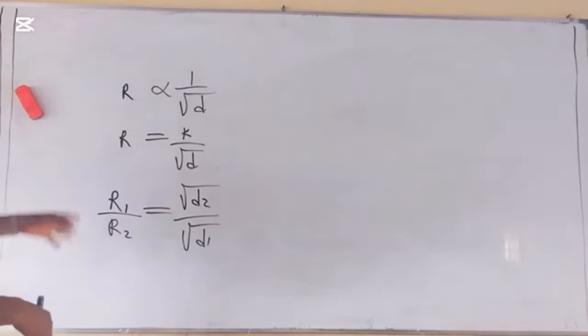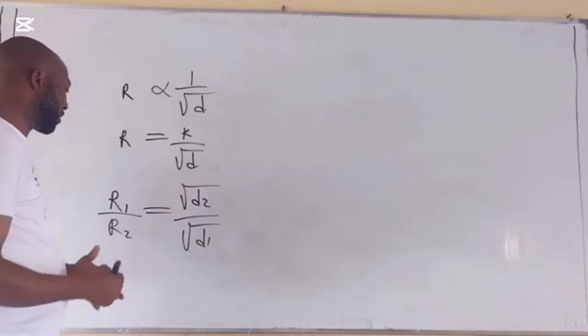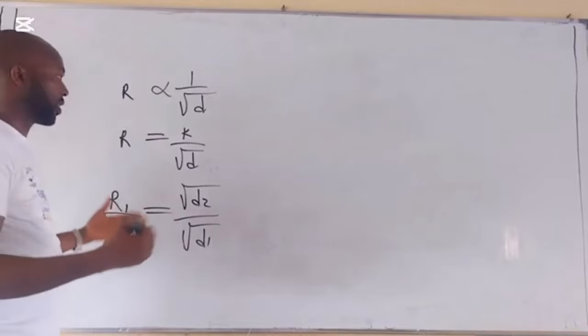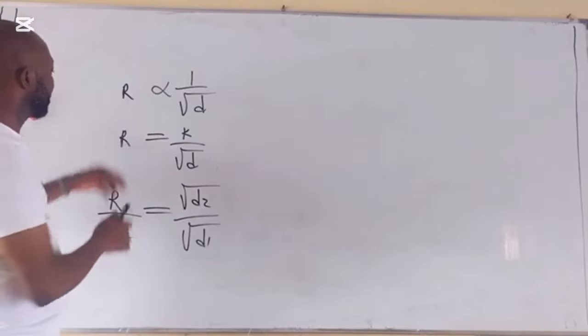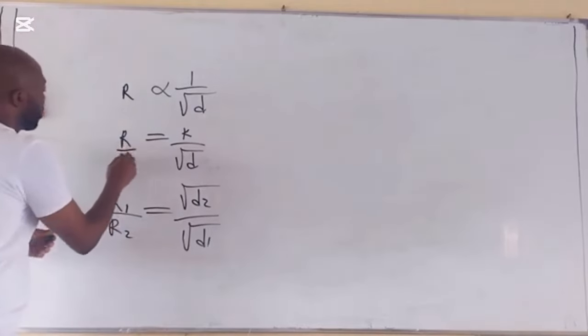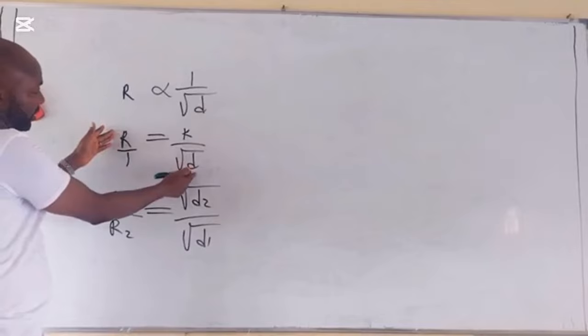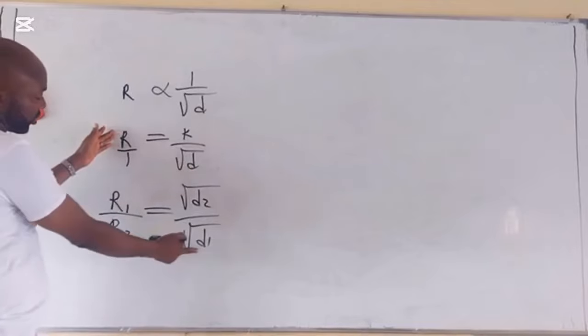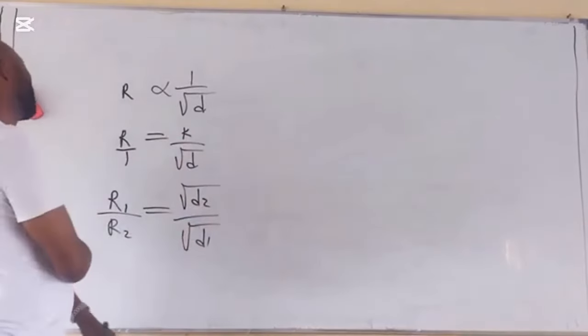This is the rate of diffusion for the first gas, the rate of diffusion for the second gas, and so on and so forth. You should always remember that this is in a cross-multiplication form, R with its D: R1 to its D1, R2 to its D2. That's the chemistry here.